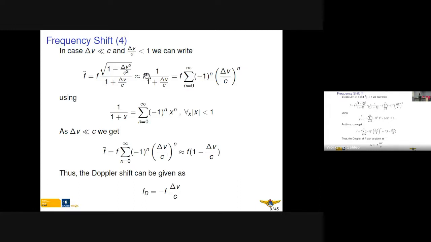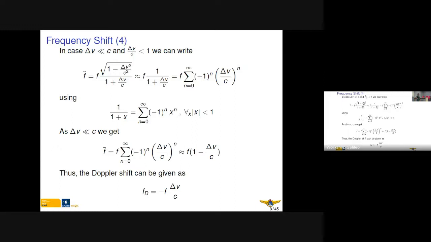Then we can approximate this equation from the previous slide with F times 1 divided by 1 plus delta V divided by c, and this can be then approximated by F times the sum of n from 0 to infinity of minus 1 to the power of n times (delta V divided by c) to the power of n.